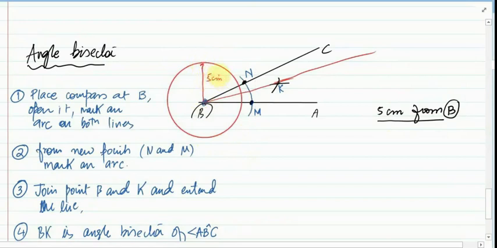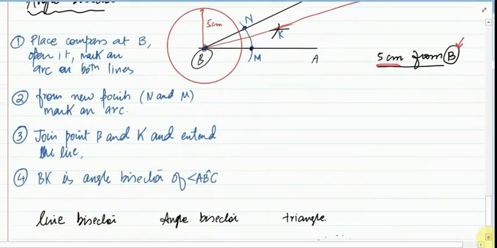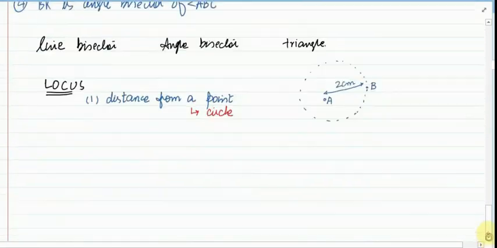That is roughly just for the idea of how it appears on paper. The statement is saying that you need to draw a locus that is 5 centimeters from B. So it's a distance, and B is a point. So whenever you have a distance from a point, you need to draw the circle. That is your first condition of locus, right?